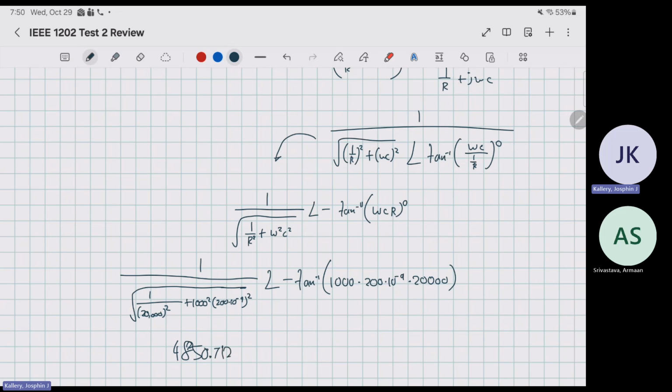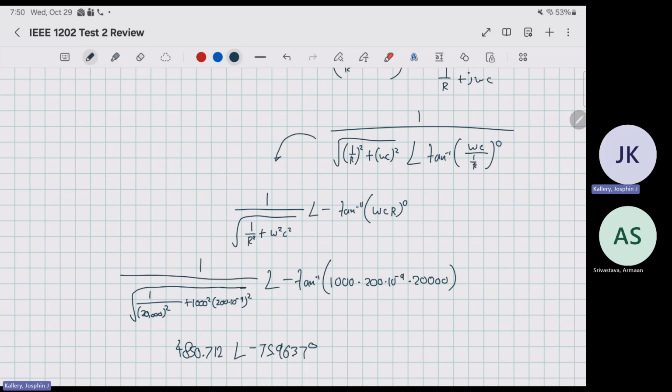Let me rewrite that, it looks messy. 4,850.712 with an angle of negative 75.9637. That is our answer for the first part.